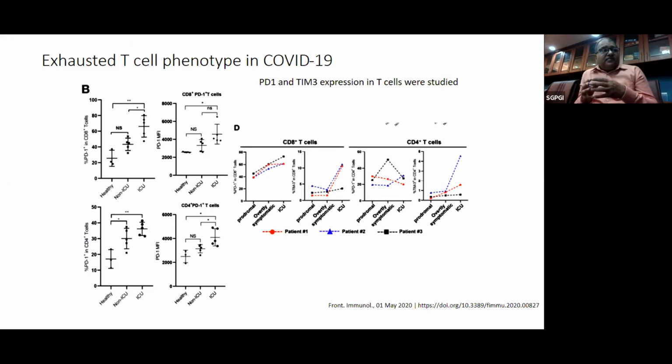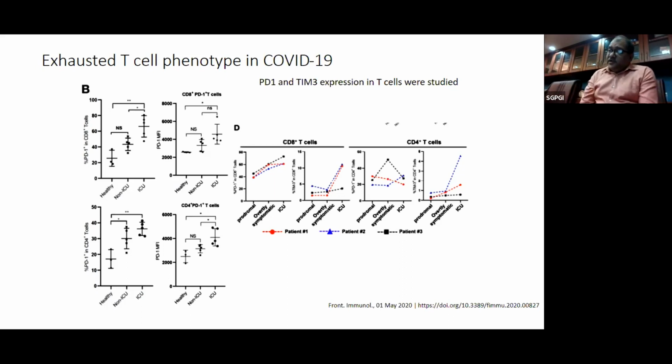These are all markers which suggest that these T cells probably want to stop their effector function. So we call this in immunology an exhausted T cell phenotype. It has been reported that a lot of T cells are expressing these markers of exhaustion.